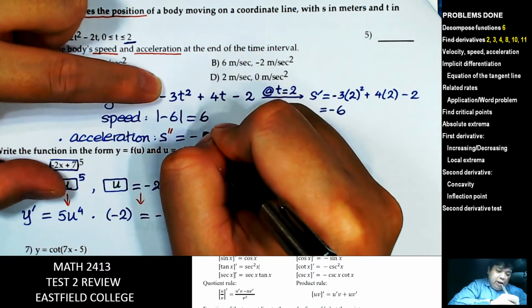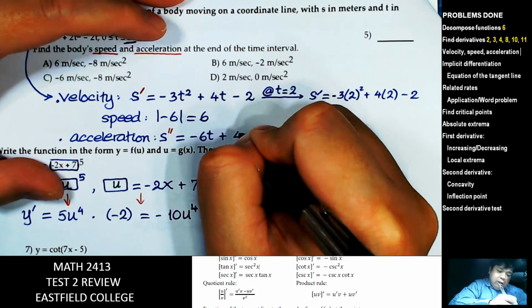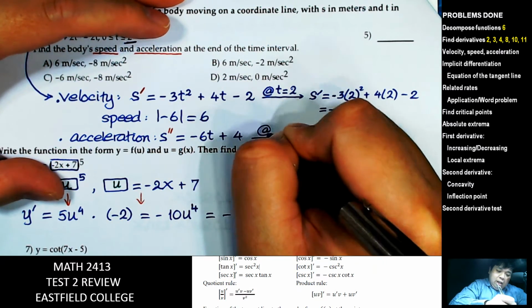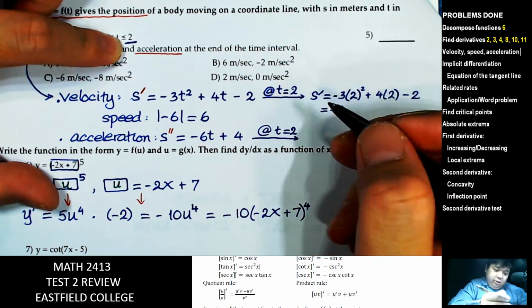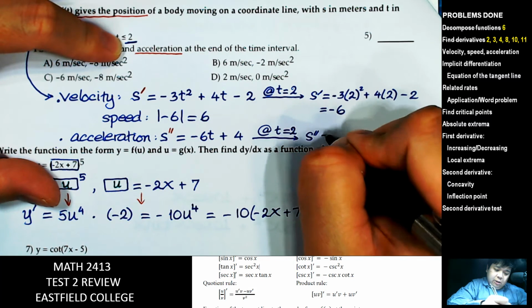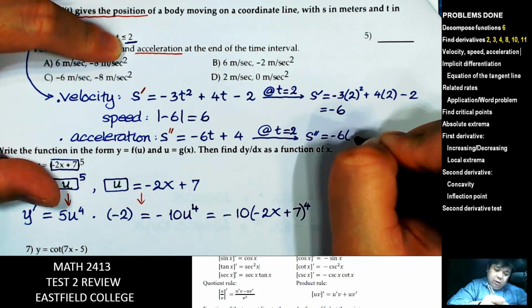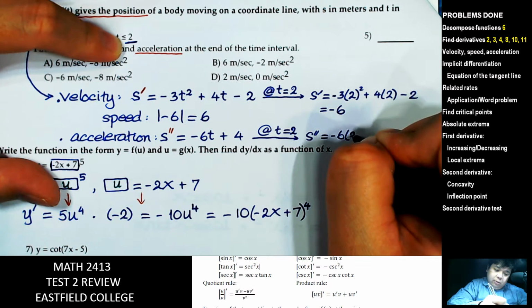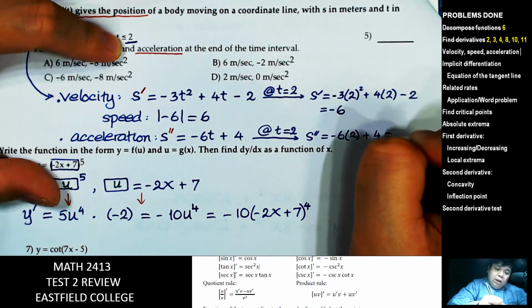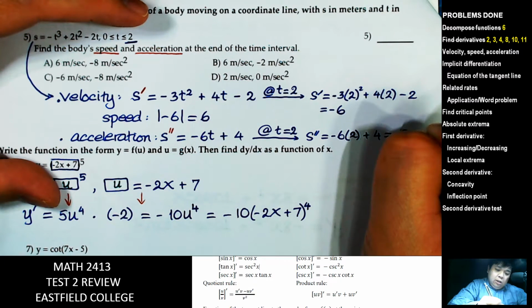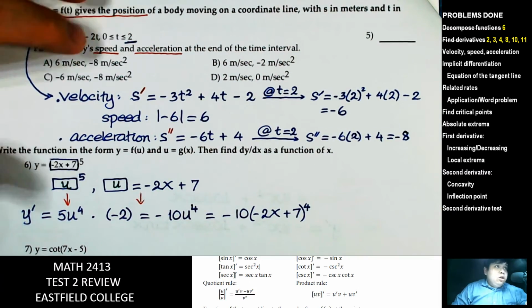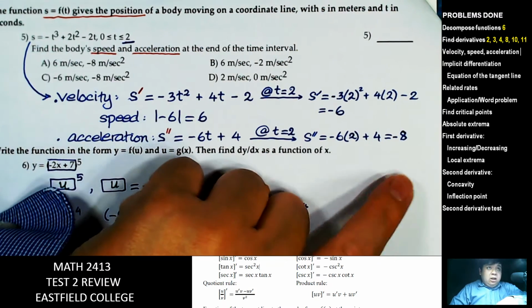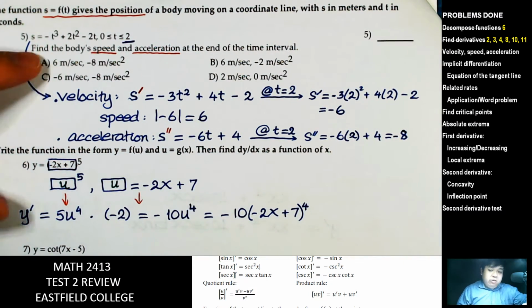From here, negative 6t plus 4, and at t equal to 2, the end of the interval, it's going to be positive 8. Sorry, negative 8. Yeah, so we have that. So the speed is 6 and the acceleration negative 8. So it will be the first one here.